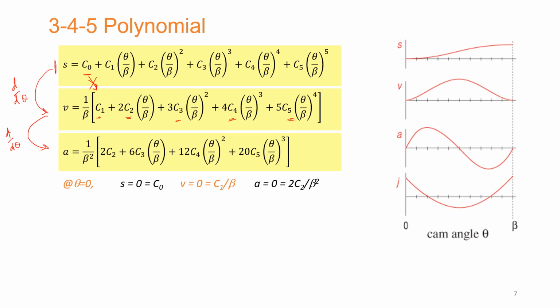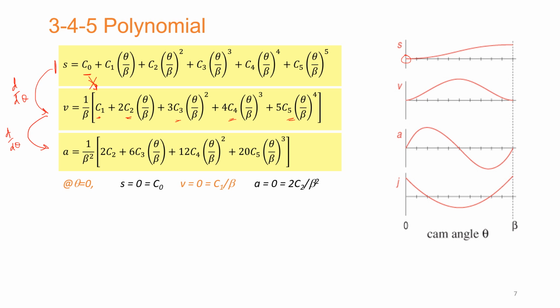So you know that at theta is equal to 0, you have these boundary conditions. So let's take the very first one. At theta is equal to 0, S is equal to 0, so this corresponds to right over here.